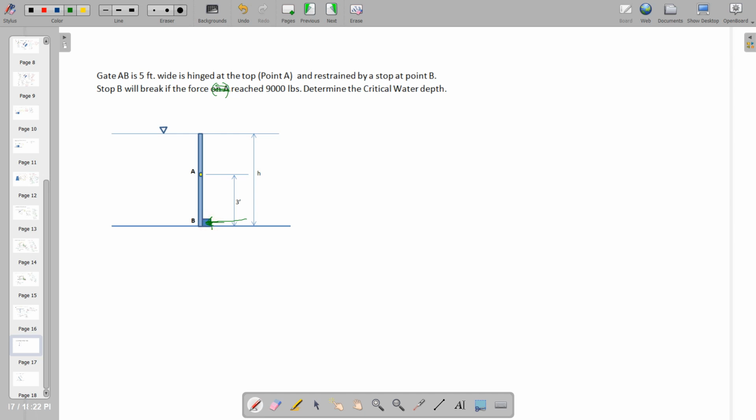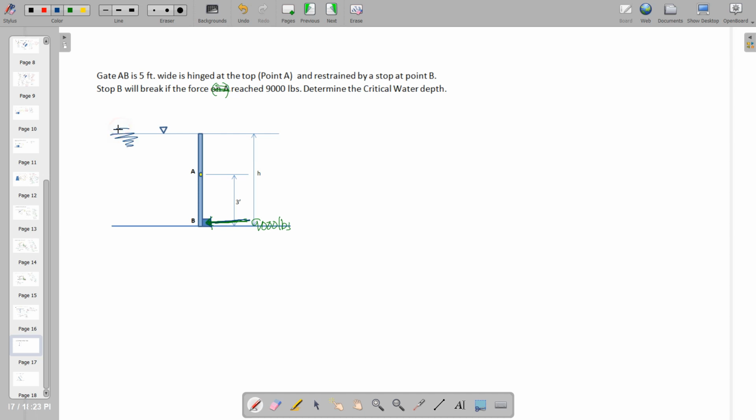So therefore, we want to set the force at B to be equal to 9,000 pounds, at that condition wherein the capacity of this stop will be just limited to 9,000 pounds. Okay. So the same principle here, but this time our unknown is at what depth, so that this stop B will just break.